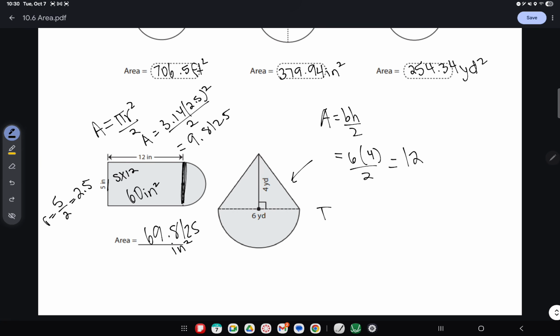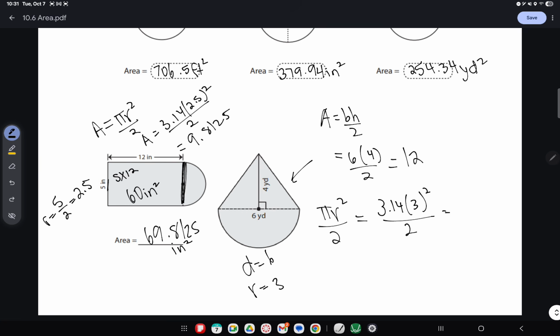And then we'll do the circle. So pi r squared, but it's half a circle. So divided by 2. So 3.14 times the radius. So the diameter is 6. So if I divide that by 2, the radius is 3. So 3.14 times 3 squared divided by 2.